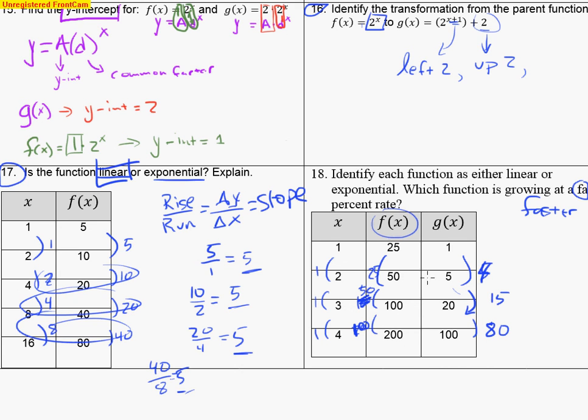If I follow these patterns, what I'm doing here is multiplying, and over here I'm also multiplying. I'm multiplying by 2 here, and over here I'm multiplying by 5. So obviously my g of x is going to be growing faster.